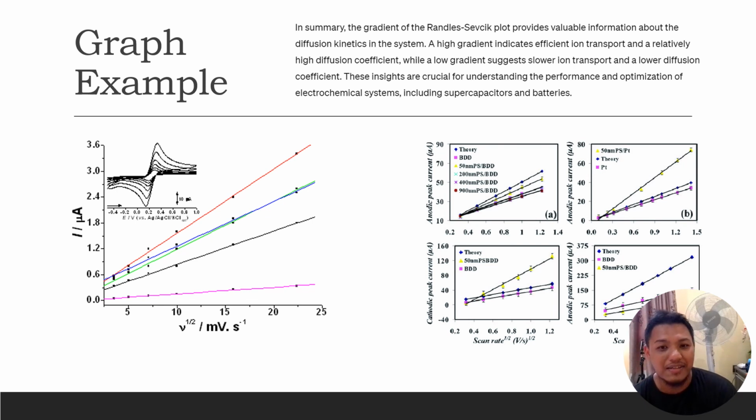A high gradient indicates efficient ion transport and a high diffusion coefficient. A low gradient suggests lower electron transport and a lower diffusion coefficient. From this, you can discuss more your performance in terms of supercapacitor reaction.